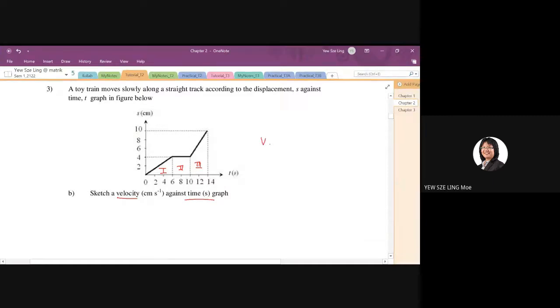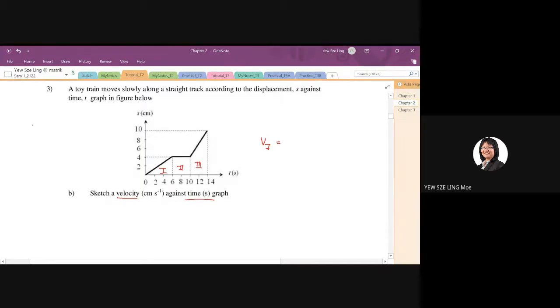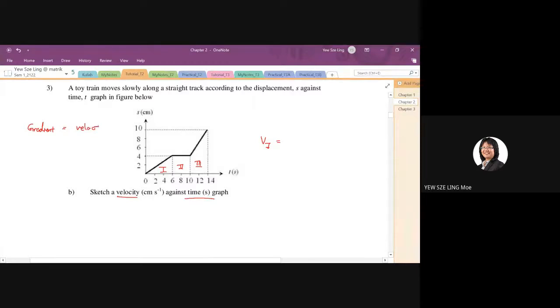So V1 is equal to, again, now you are given an s-t graph, so the gradient is equal to the velocity. You want to calculate the gradient of every single section.